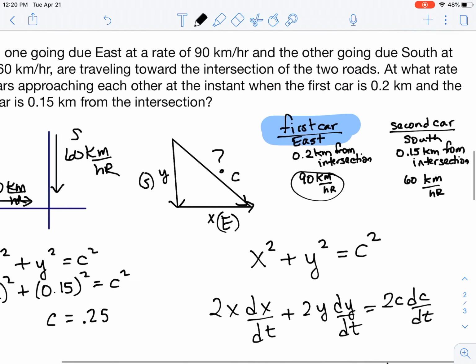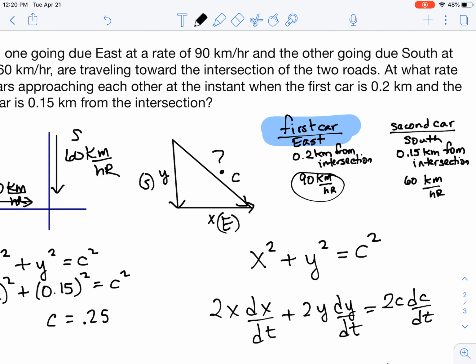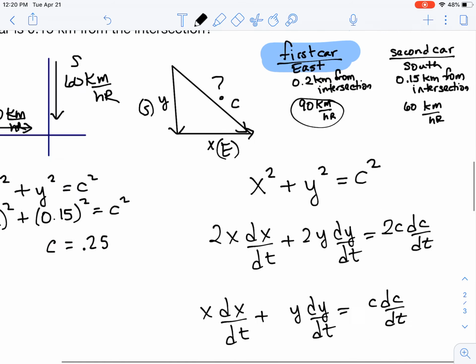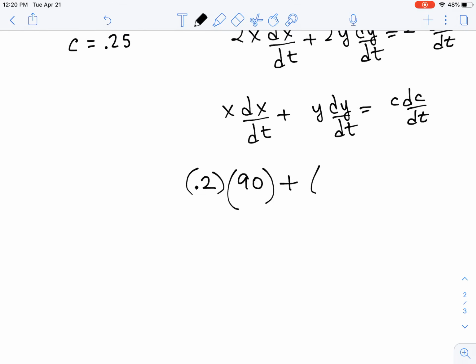Plus y. Y is 0.15. So I'm going to put that in here, 0.15. How fast is he going? He was going 60 kilometers per hour. The hypotenuse was 0.25, and we want to know what is dc/dt.